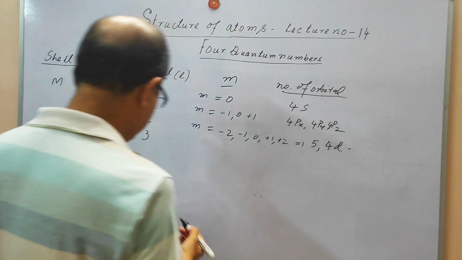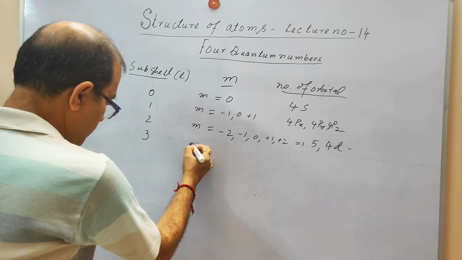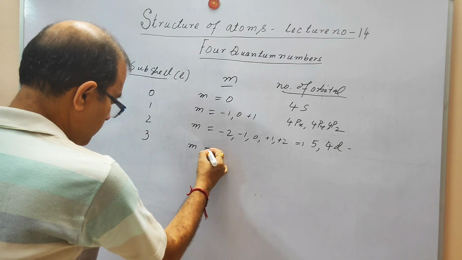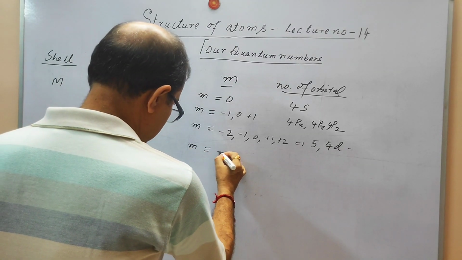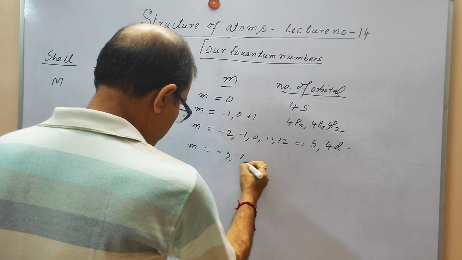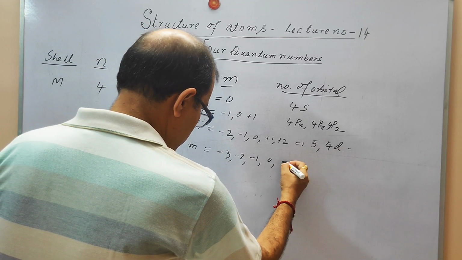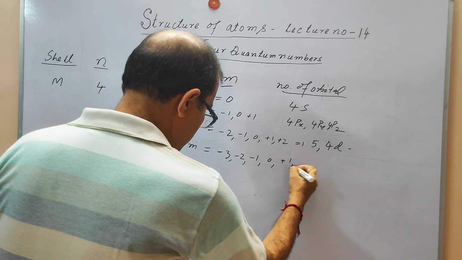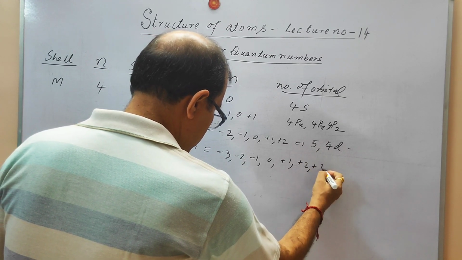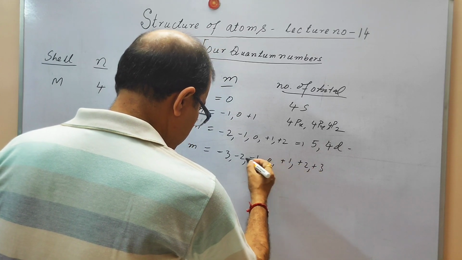These are the 4d orbitals, and when l is 3, m will be -3, -2, -1, 0, then +1, +2, +3. Total 1, 2, 3, 4, 5, 6, 7.